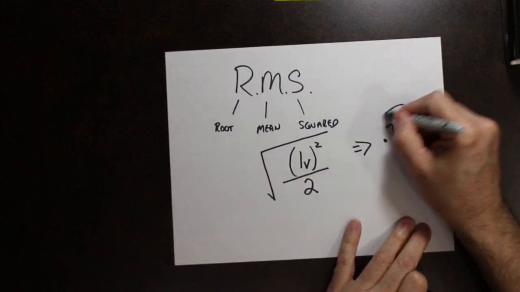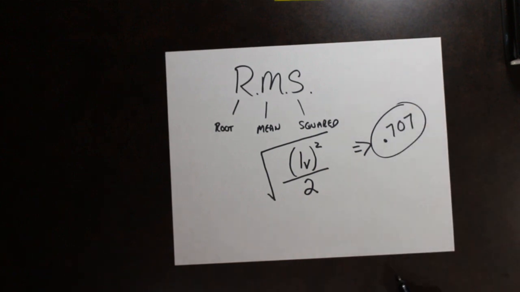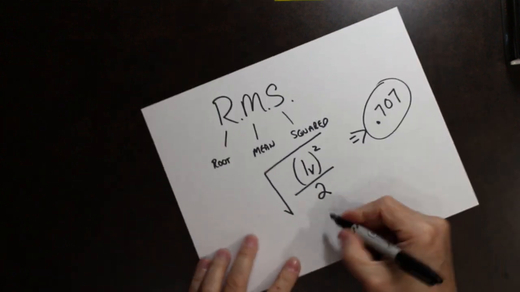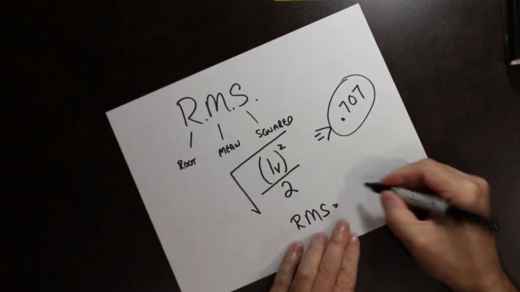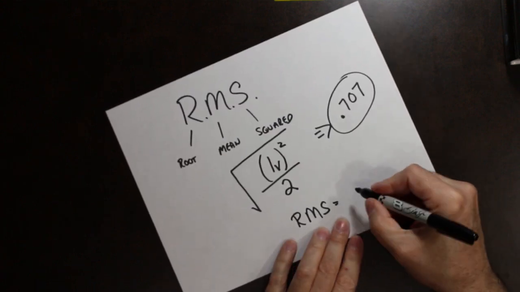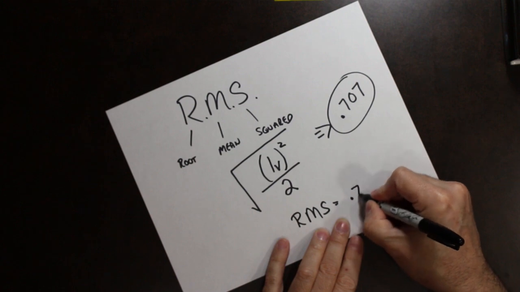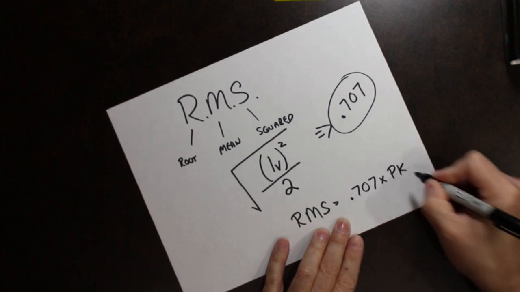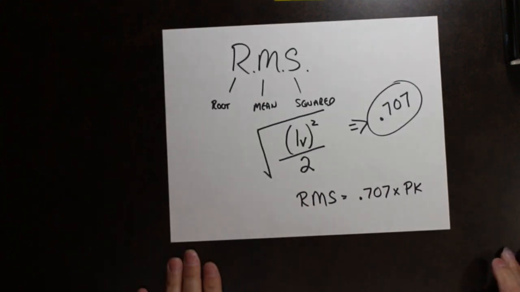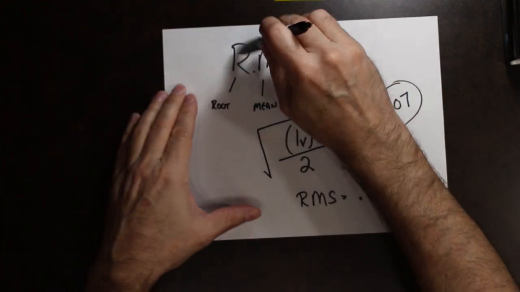So that's where that 0.707 actually comes from. So the RMS value of a waveform is equal to 0.707 times the peak value. And that's what RMS actually stands for.